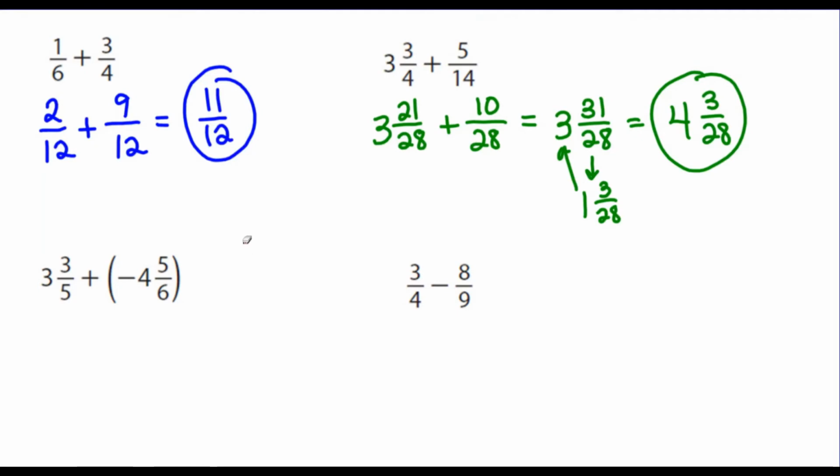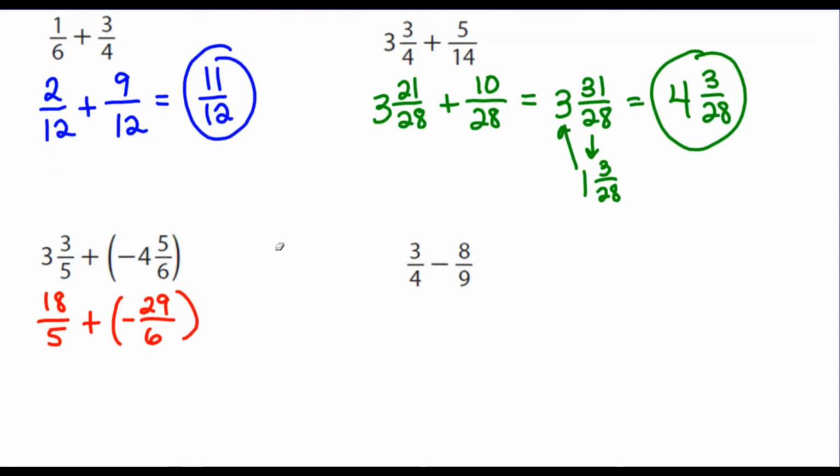Next one here, I am adding a negative mixed number. So if you'll remember my tip for adding with negative mixed numbers, I'm going to change these into improper fractions first. So 3 and 3/5 is 18/5, and negative 4 and 5/6 is negative 29/6. So now I have fifths and sixths.